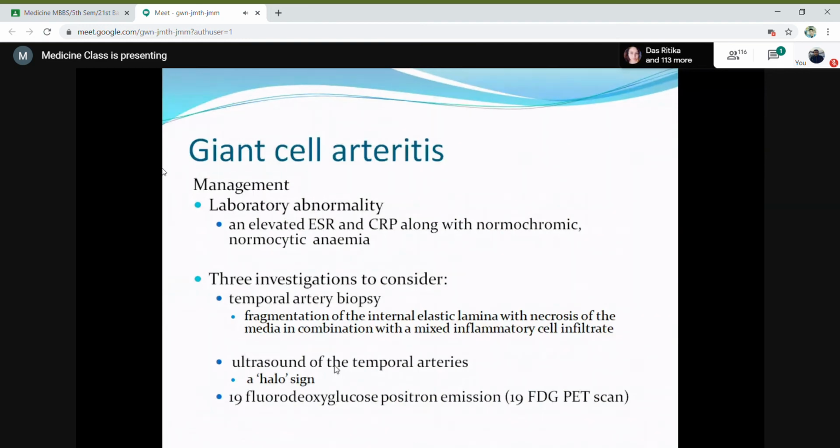The other is ultrasonography of the temporal arteries, where we can see the halo sign. I'll be showing the halo sign. And the third is the 18FDG PET scan, fluorodeoxyglucose positron emission scan. So, the halo sign.